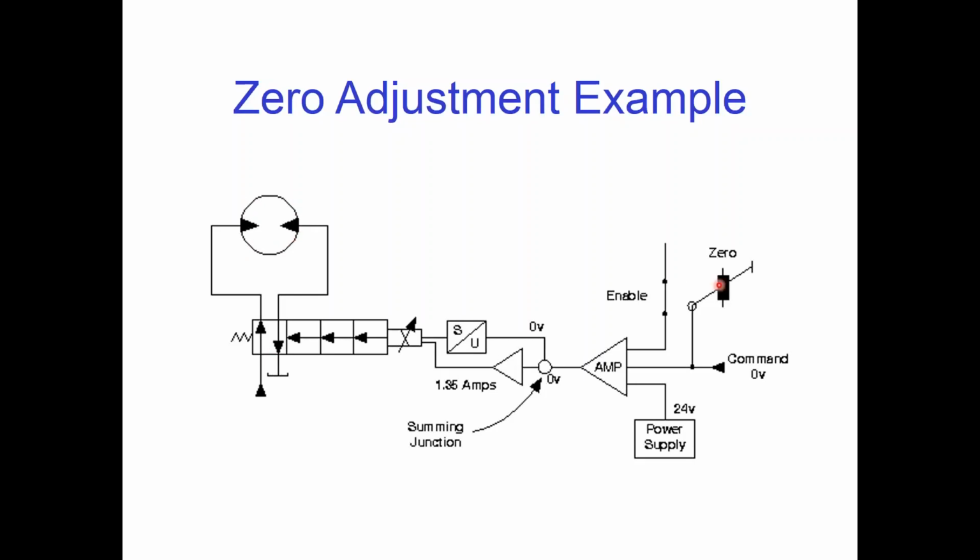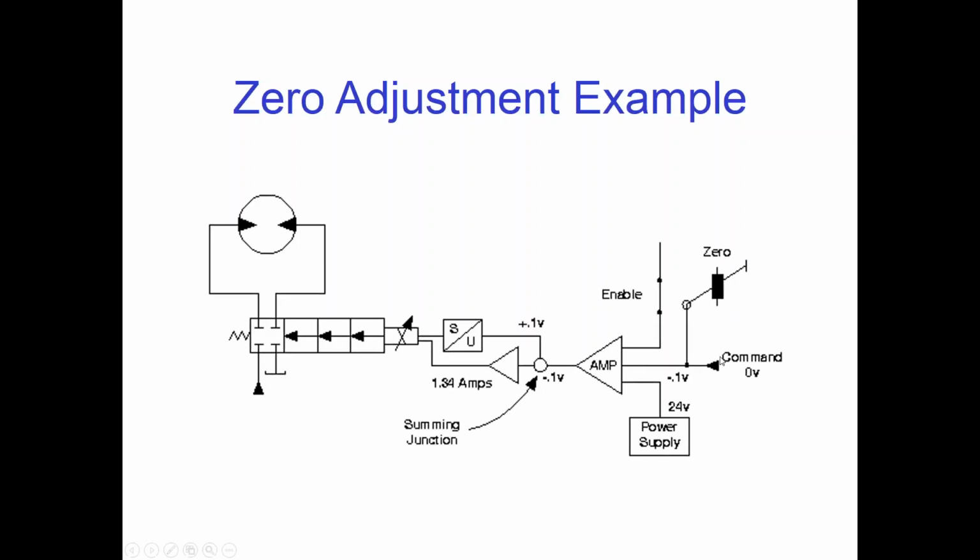We can adjust the zero adjust here, and that will change the bias so that our command voltage will appear as a 1/10 of a volt, say, and our feedback from the LVDT is going to appear to be positive 0.1.